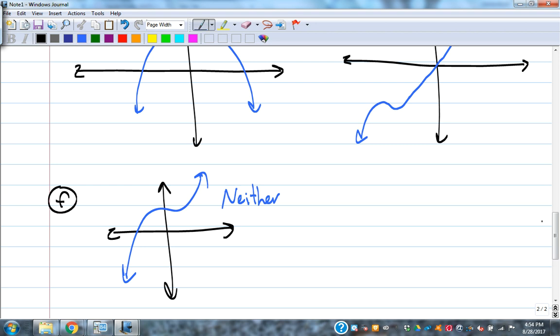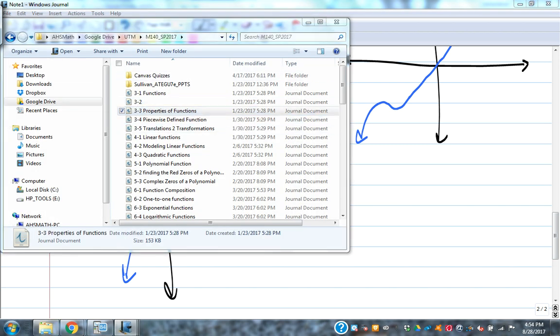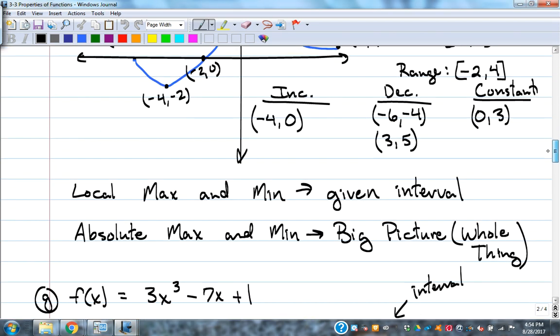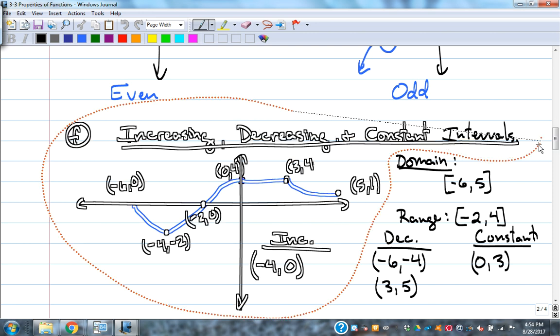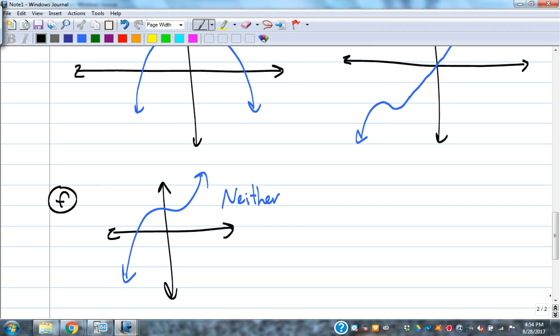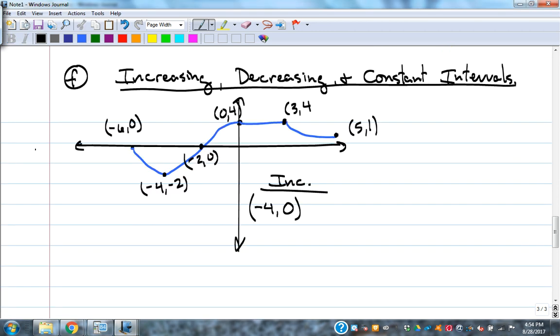All right. So the next thing, I'm going to cheat a little bit here and go get a graph that I've already drawn and copy it. I've got example G here.